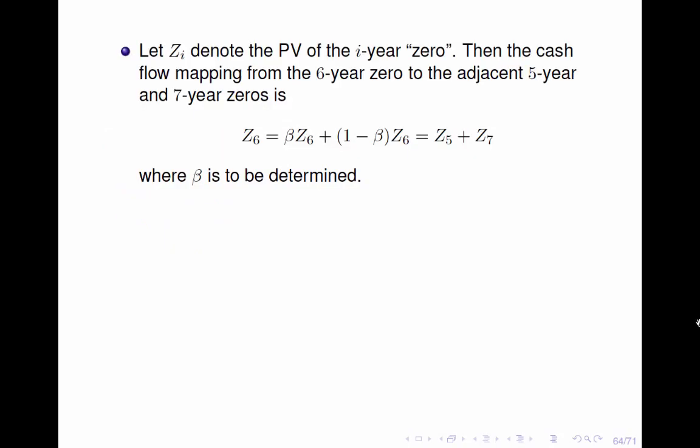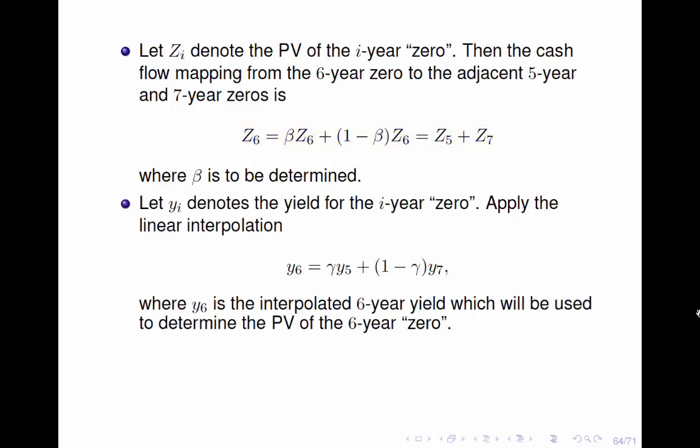Let Zi denote the present value of the i-year zero. Then the cash flow mapping from the 6-year zero to the adjacent 5-year and 7-year zeros is arranged as follows, where beta is the proportion allocated to the 5-year zero, and is to be determined. Let Yi denote the yield for the i-year zero.